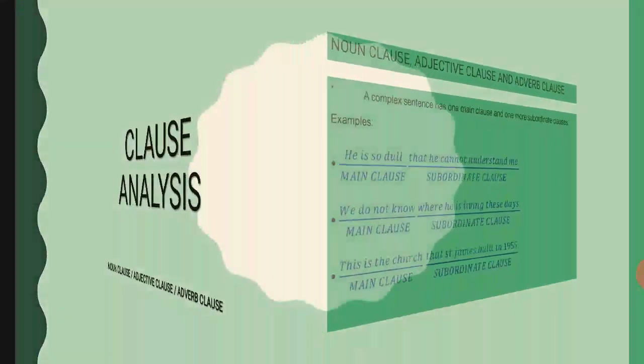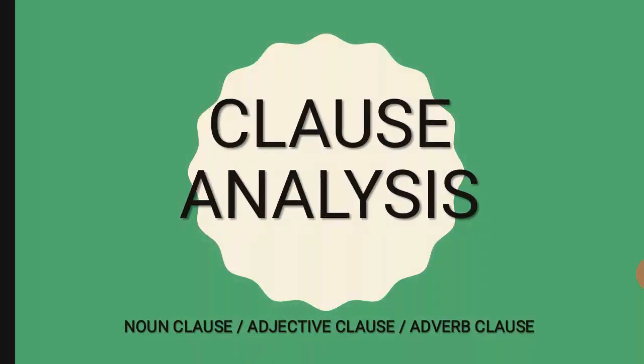So before that, today I'm going to teach you the grammar topic on clause analysis. Actually, what do you mean by clause? Clauses are complex sentences. A clause is a group of words which join together and give a complete sense.